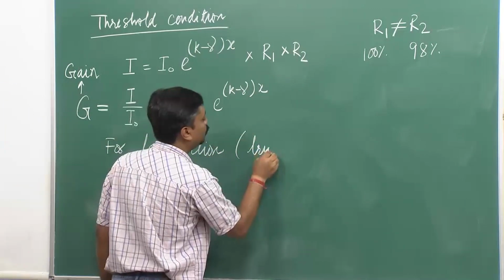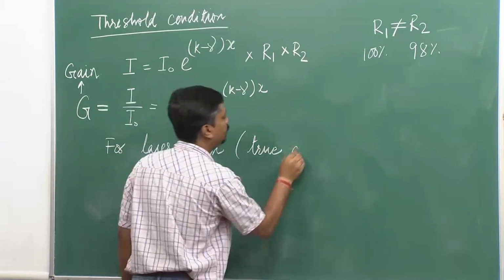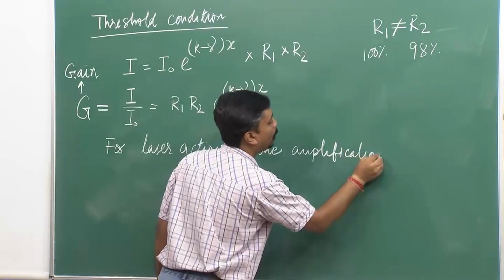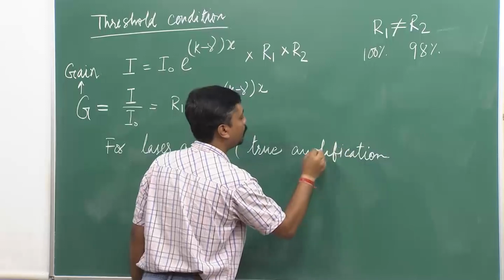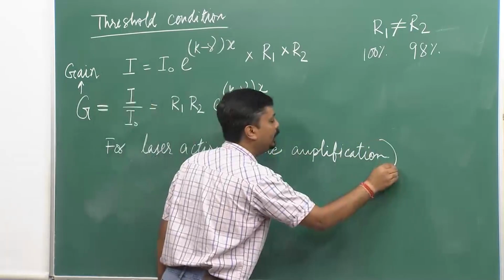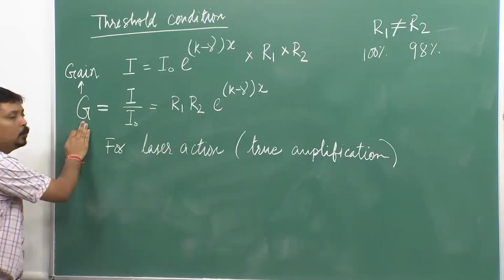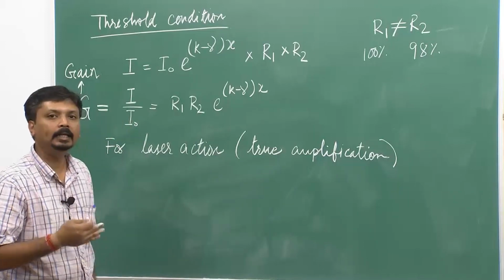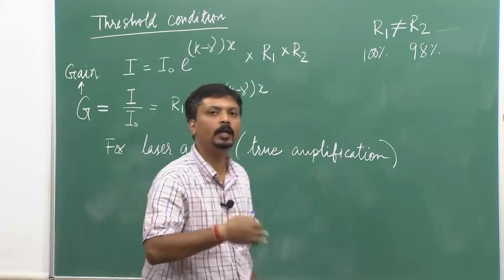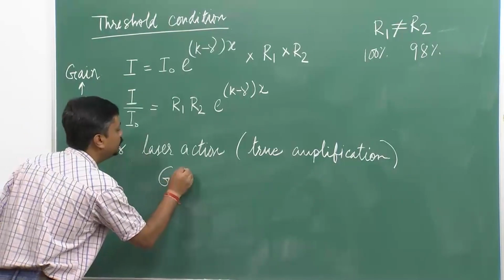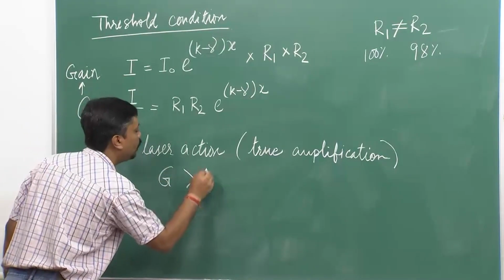So, true amplification, what we need this quantity to be greater than 1. Okay. So, when gain is greater than 1, that is more than 100%. So, I need G to be greater than 1.